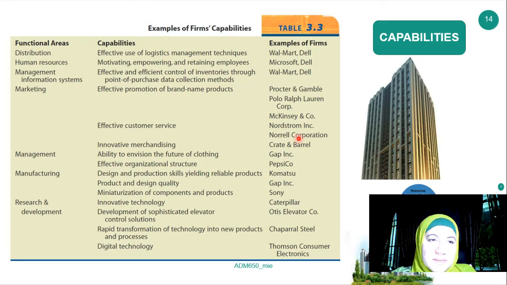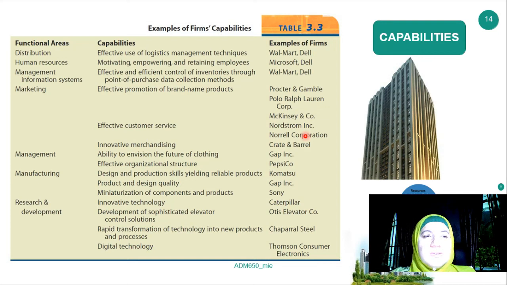For example, to perform a task in the area of distribution, the capabilities are logistic management techniques. In terms of the functional area of human resource, the capability is the motivation, empowerment, retaining employees. Another example is the functional area, things like management information system.